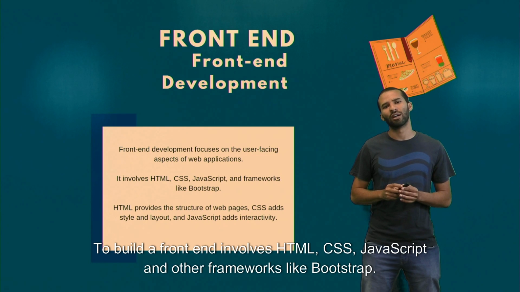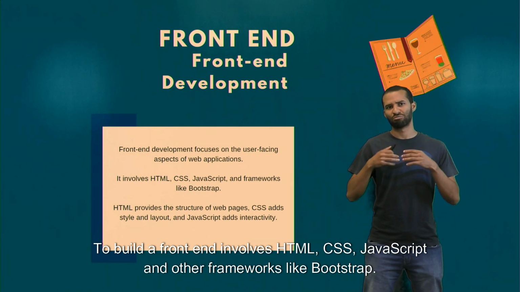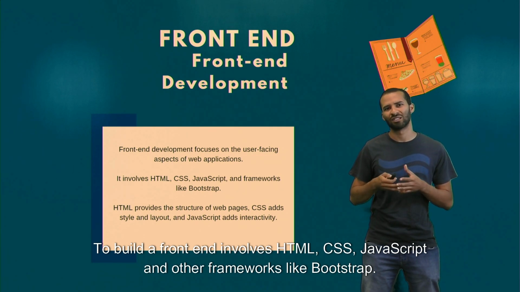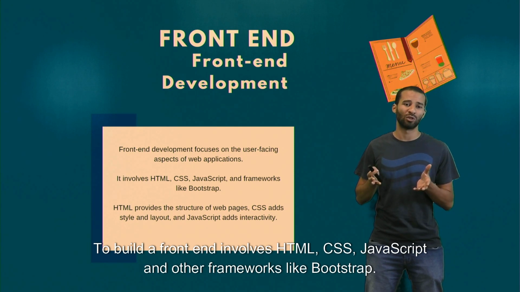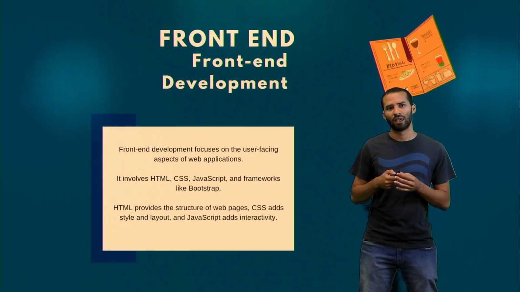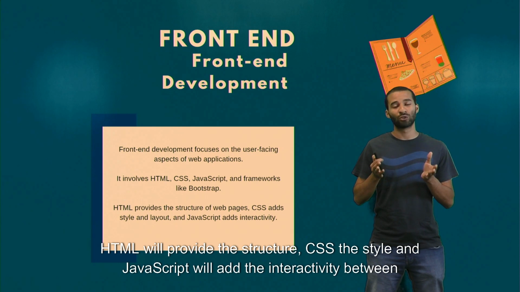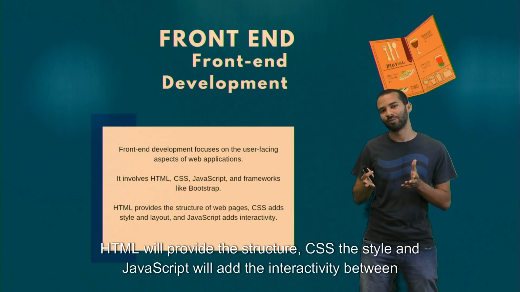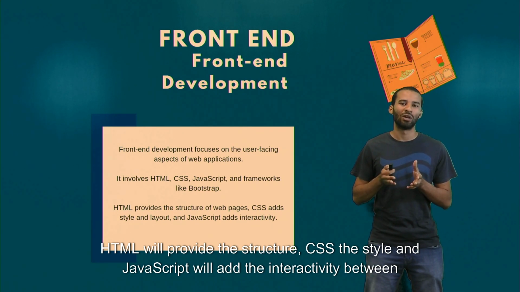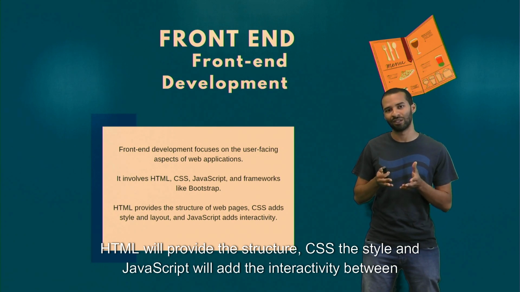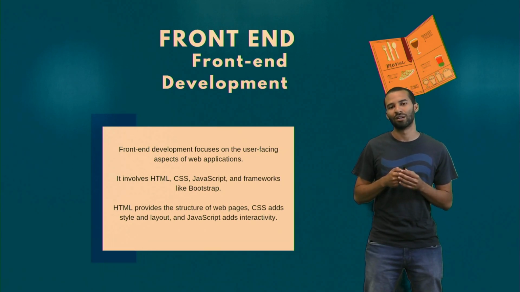Building a front end involves HTML, CSS, JavaScript, and other frameworks like Bootstrap. HTML will provide the structure, CSS the style, and JavaScript will add the interactivity between the ones mentioned before.